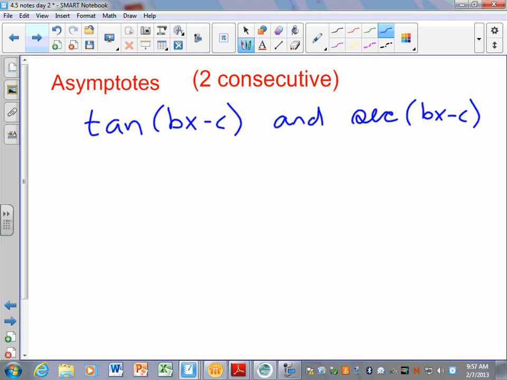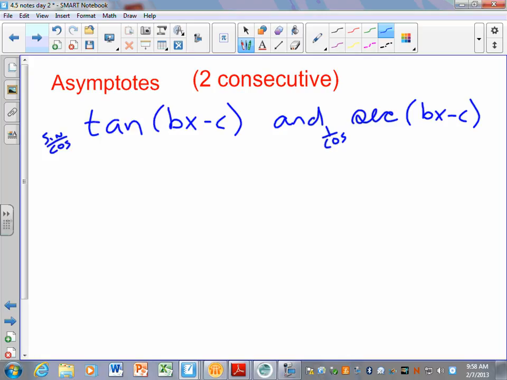Because I think about what's in the bottom, and this is honestly how I remember it. It's how I do it when I'm taking a test. I don't just have it automatically memorized. I think about tangent is the same as sine over cosine, and secant is the same as 1 over cosine. So their asymptotes are going to be where cosine is equal to 0.